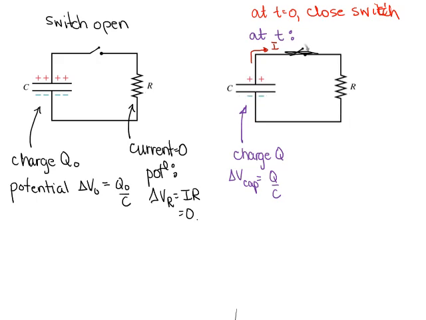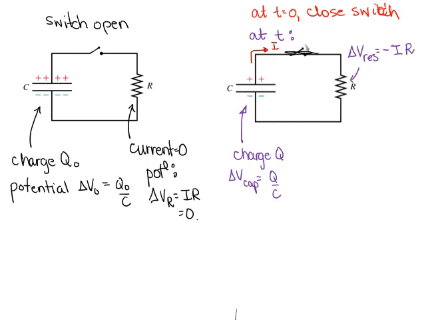What's going on across the resistor? Well, delta V across the two ends of the resistor, first of all, it's negative. Our capacitor is supplying potential to the circuit, and we're getting a potential drop over the ends of the resistor equal to minus current, whatever the current is, times the resistance.